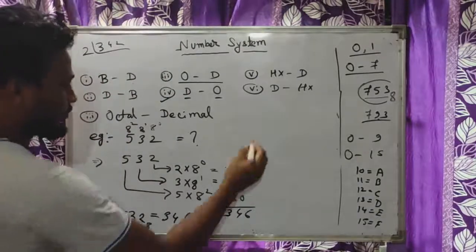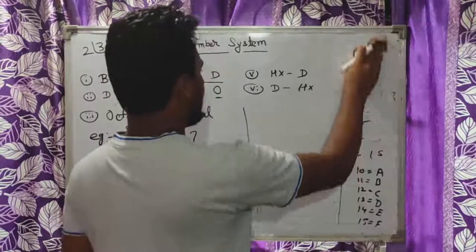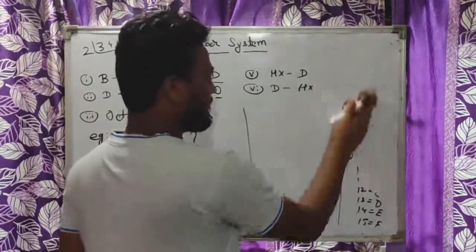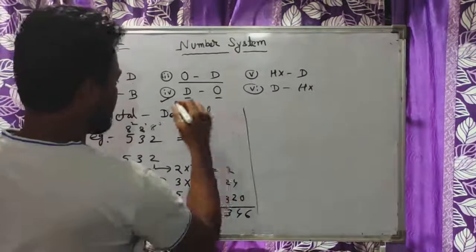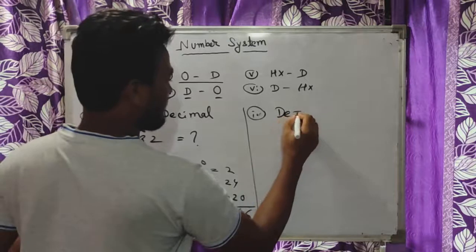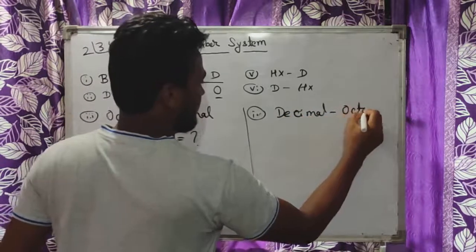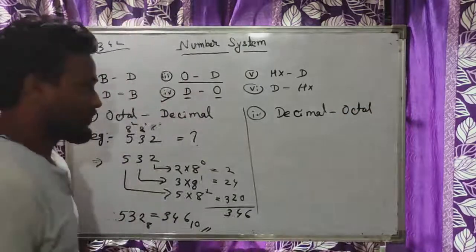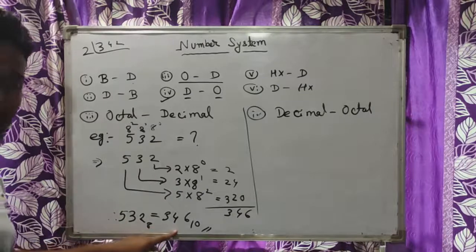Now I am going to show you the fourth conversion method, that is decimal to octal number. Suppose we take this decimal number only.